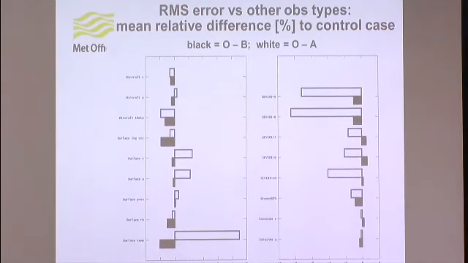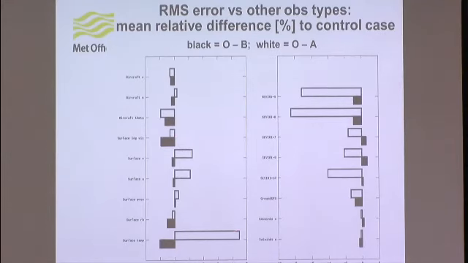What you can notice is that for aircraft measurements we have an improvement in both the observation minus background and observation minus analysis statistics, while for the surface the signal is not that clear.